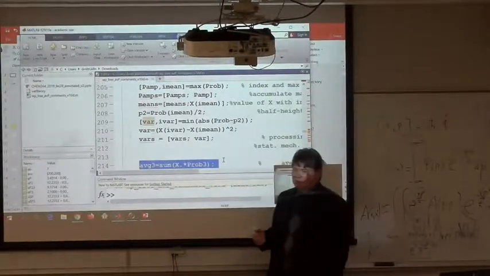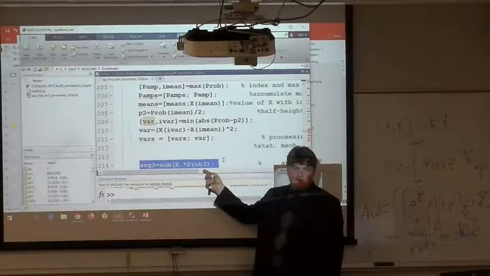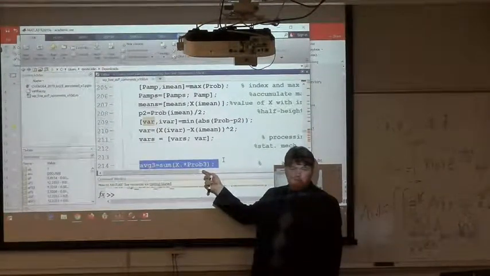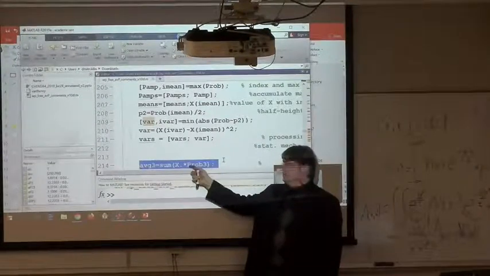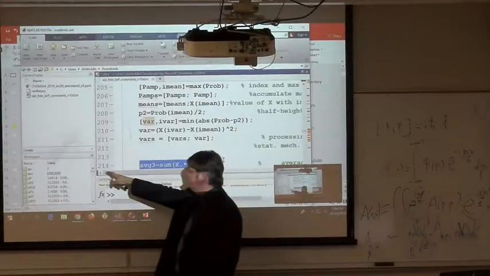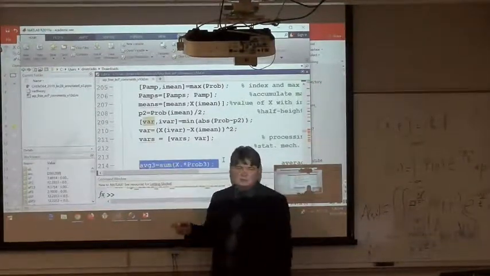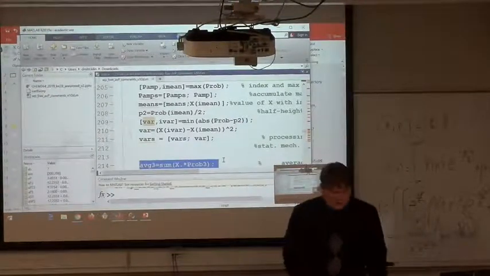And we do not need to write dx because the square root of dx is hidden in the wave function. And if we have the wave function squared, then it will be multiplied by dx, right? So this line 214 is just the expectation value of position at a specific step of the loop.